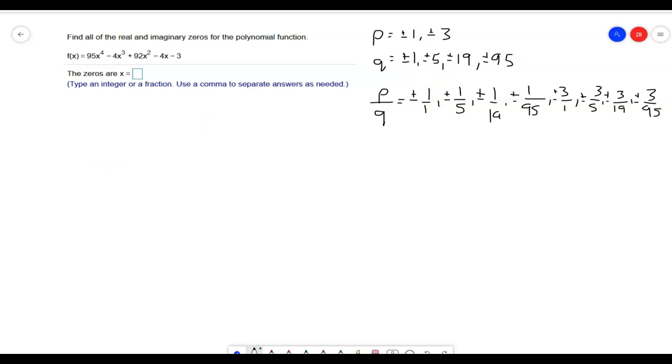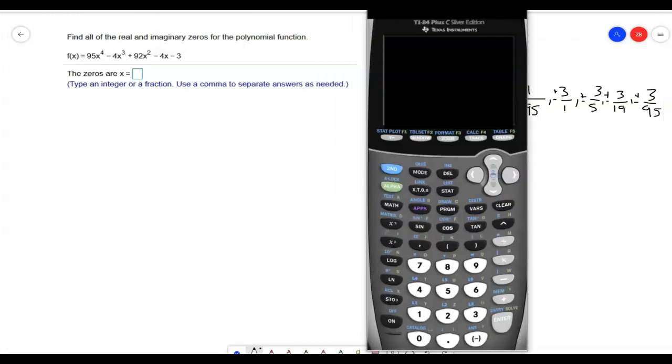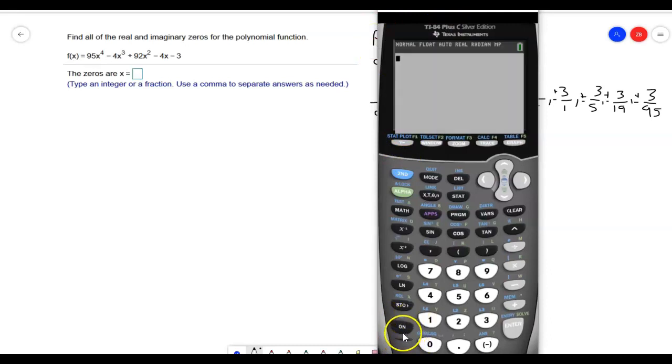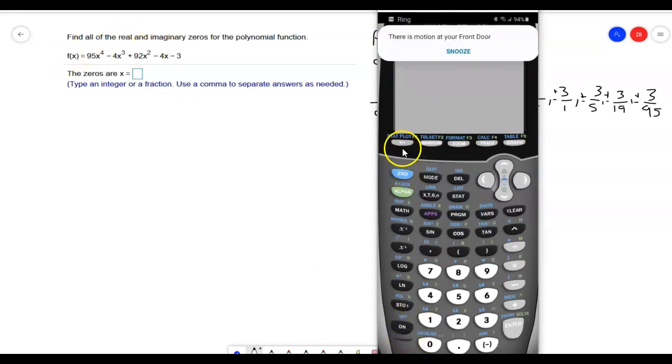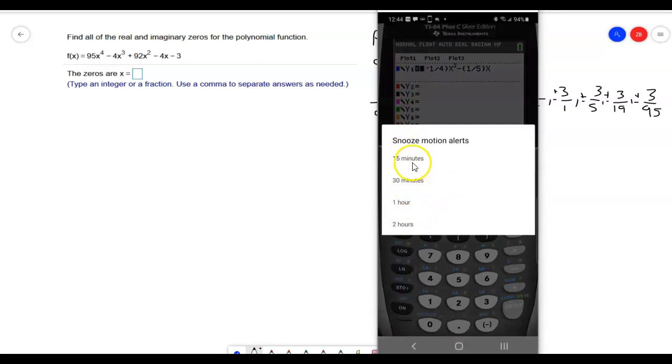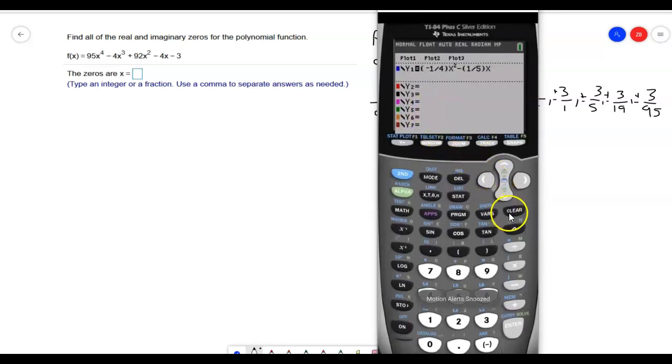So the next thing I want to do is go over to my calculator here and put this function in my calculator. So I'm going to go to y equals, clear this out, and I'm going to put this function in there.